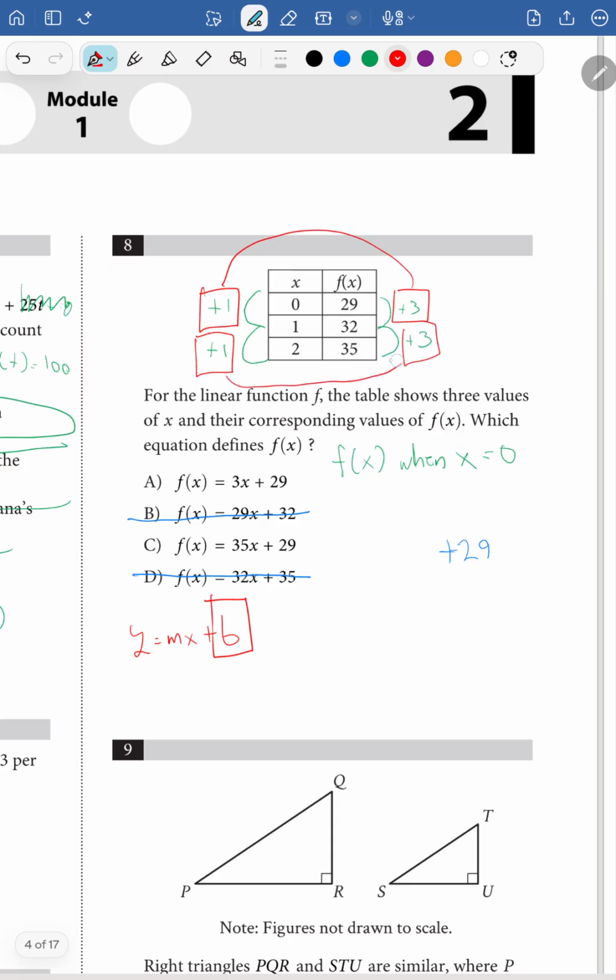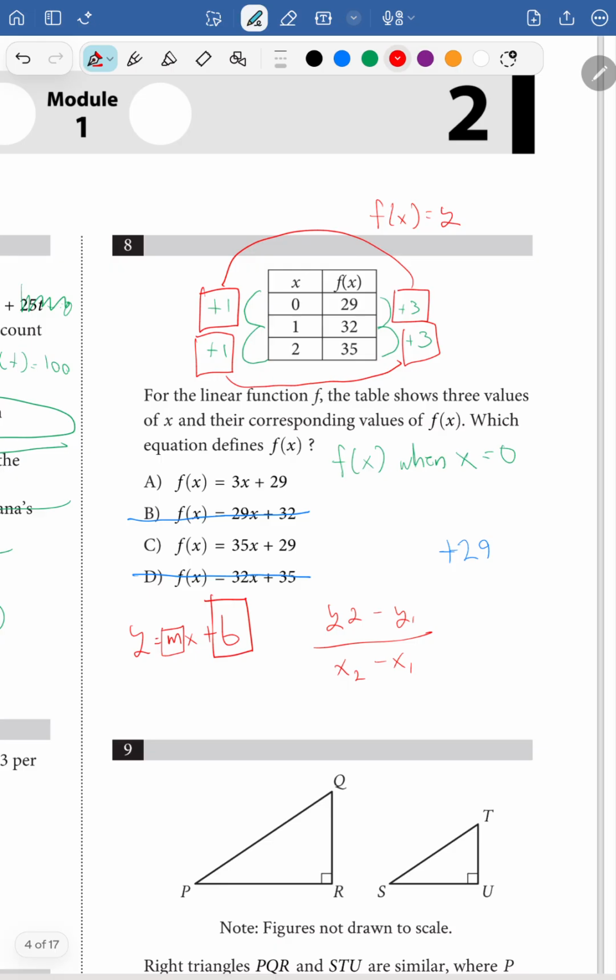So if you were to put this in a fraction, f of x can sometimes be represented as y. And you know the equation to find the slope, m, is y2 minus y1 over x2 minus x1. So let's just take any of our values.